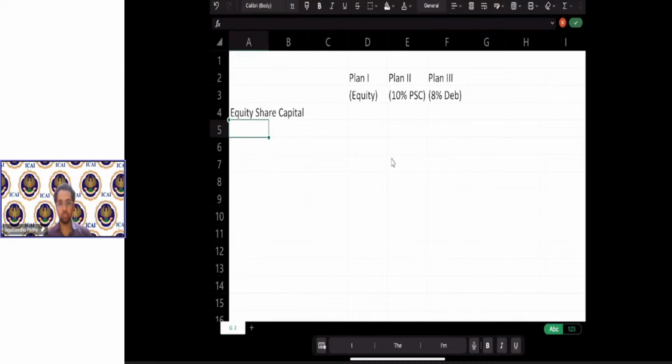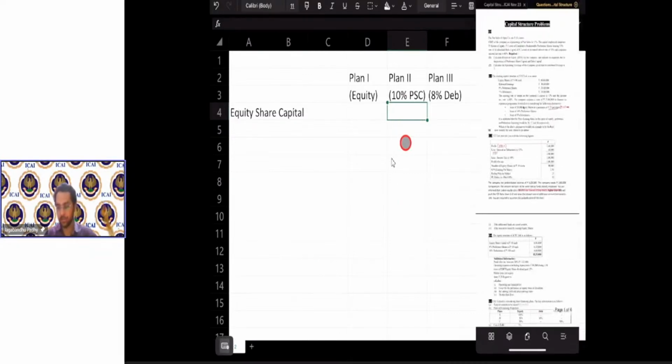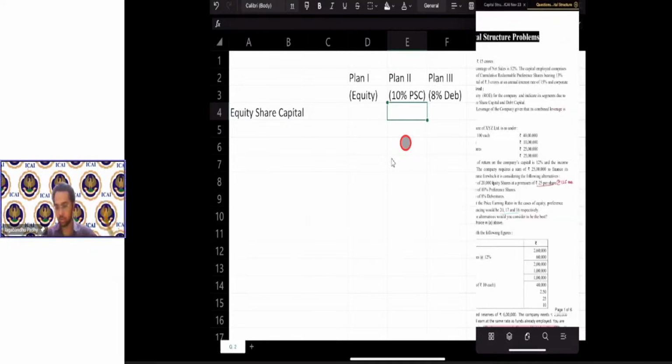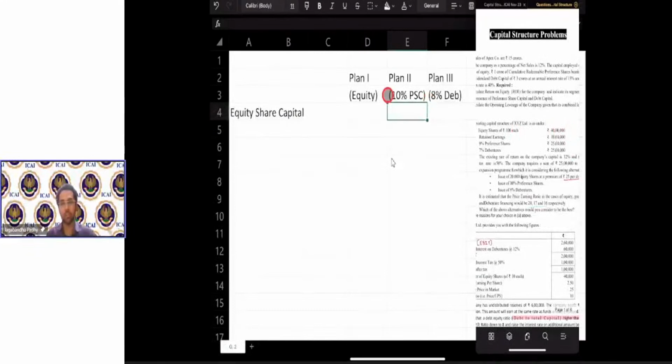Now, in the first plan, by which you're raising funds by way of equity, remember this is done by way of two means. In plan 2 and plan 3, we don't have any additional equity shares. Whatever equity shares we have from earlier, that is 40 lakh, is going to continue in plan 2 and plan 3.